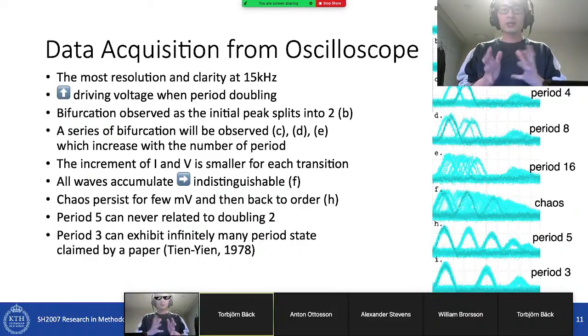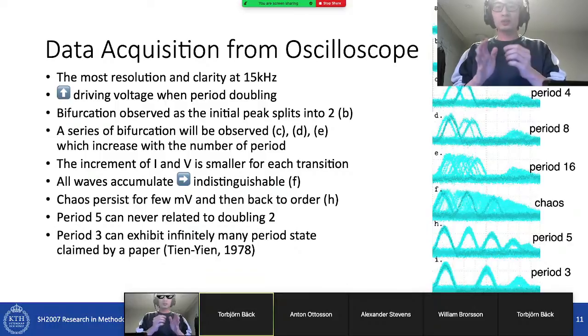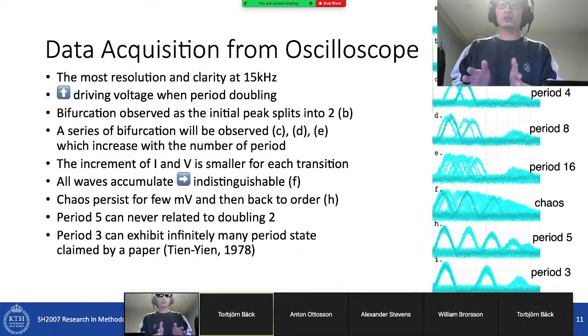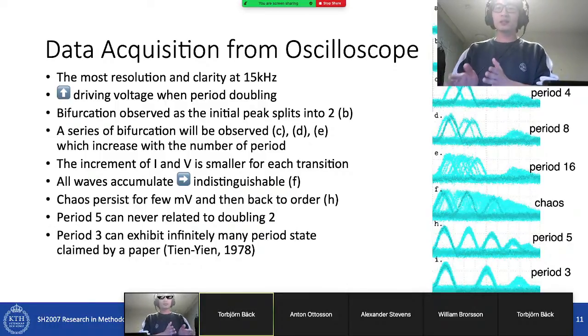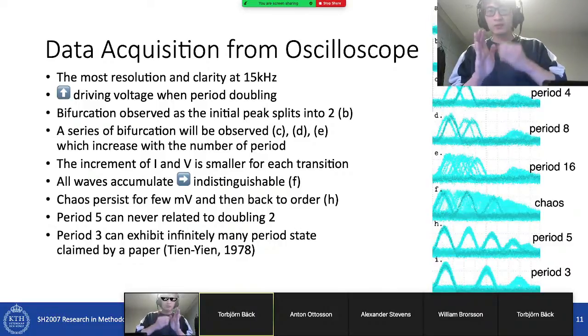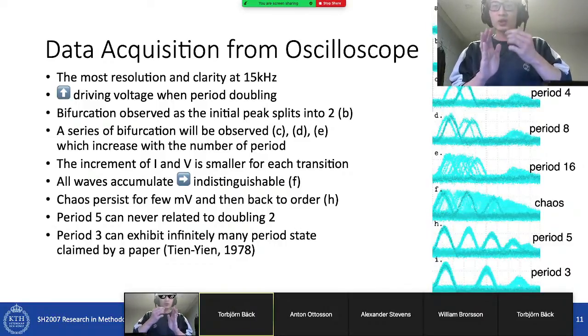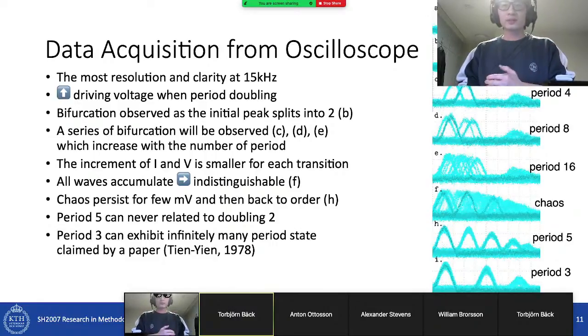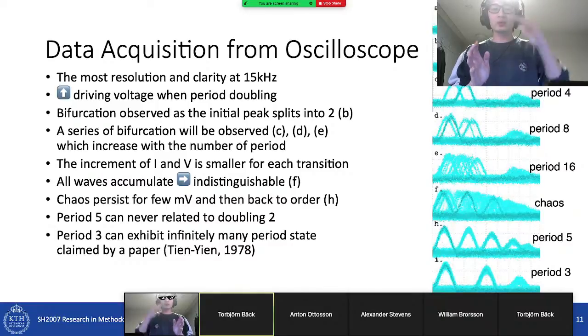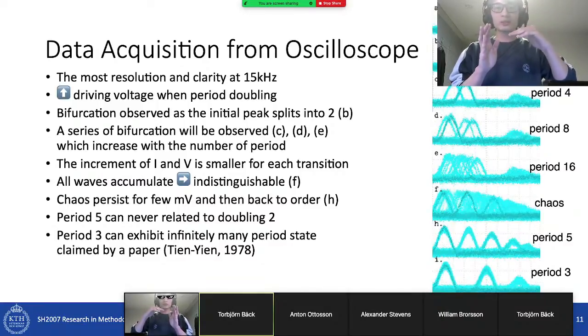This bifurcation occurs at the initial period 1 to 2, as shown in diagram B. We keep increasing the frequency and voltage, and we find period 4, 8, and so on. And we get to chaos when we increase the voltage to a certain value.